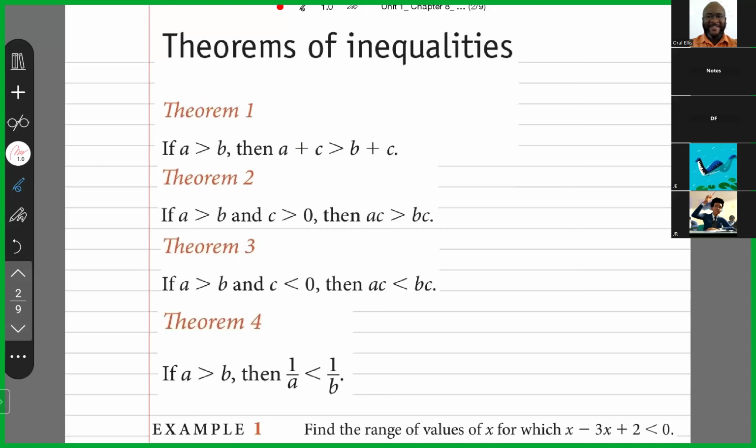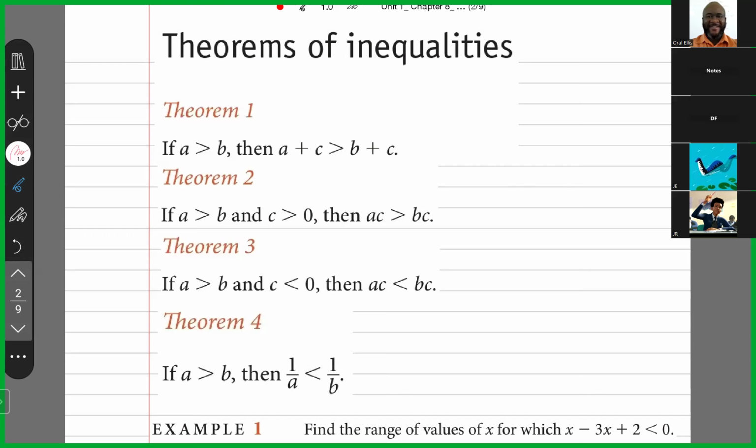Theorem 3, if A is greater than B and C is less than 0, now C is less than 0 means that C is negative, then AC would be less than BC. So what we're seeing in theorem 3 is that if you multiply both sides of an inequality by a negative number, the inequality sign will change.